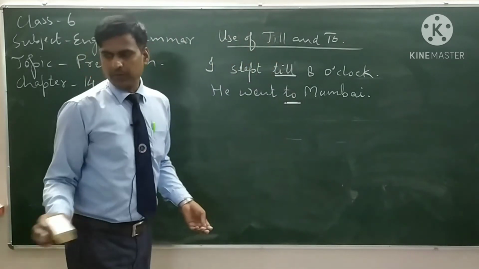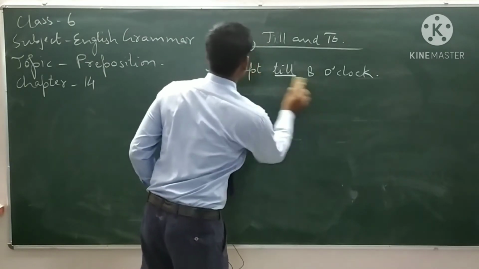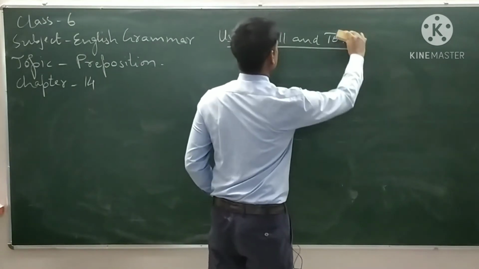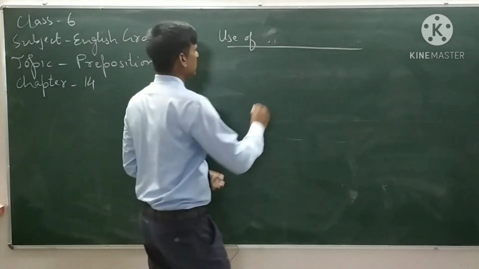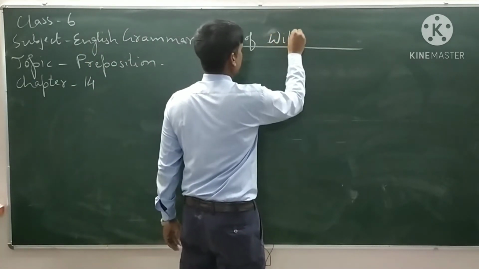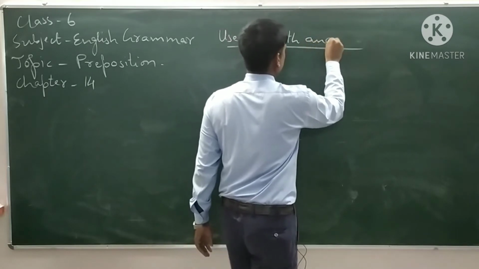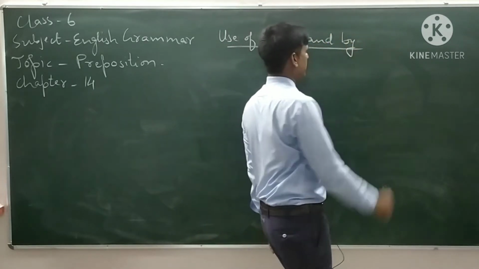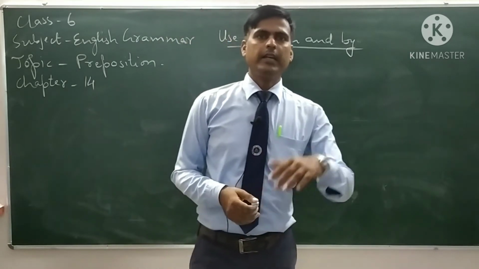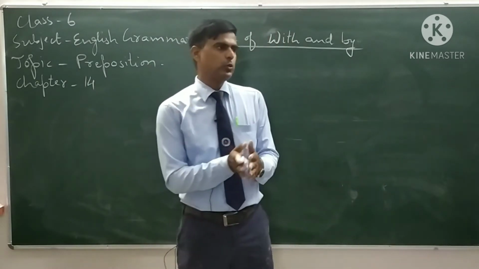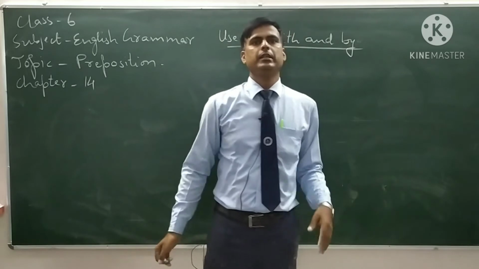Now see the use of with and by. We use with for instrument. If we are going to do anything with the help of an instrument, we use with.